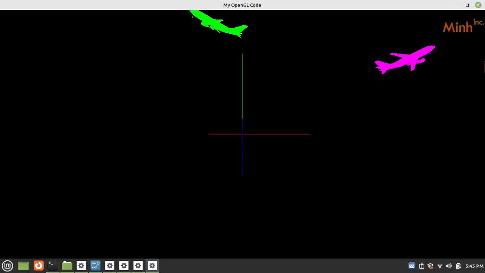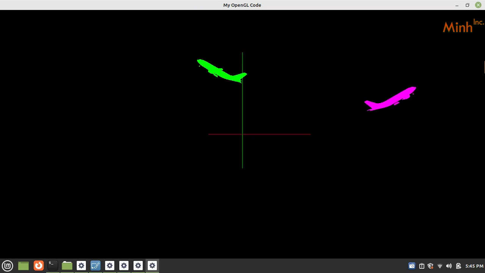So these are here, and I can rotate it back. So now the z-axis is perpendicular to the camera. So these planes are here actually. Okay.